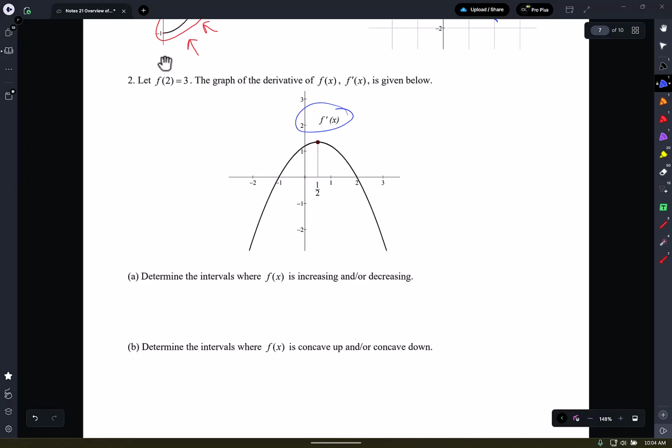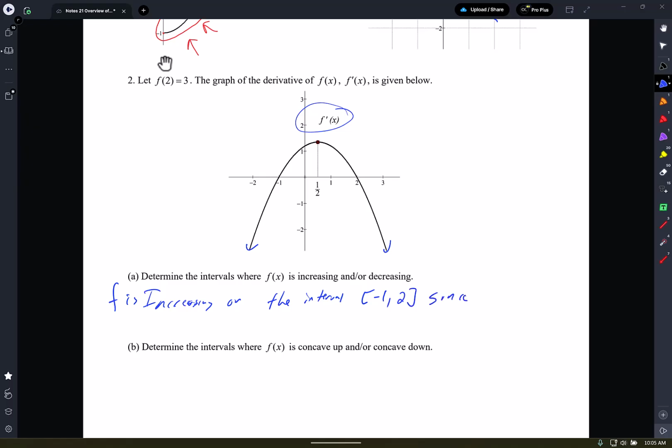Okay, I'm increasing from. I'm gonna put arrowheads on this. I'm increasing from -1 to what? Yeah, F is increasing on the interval -1 to 2 since f prime is greater than or equal to 0 on this specific interval.